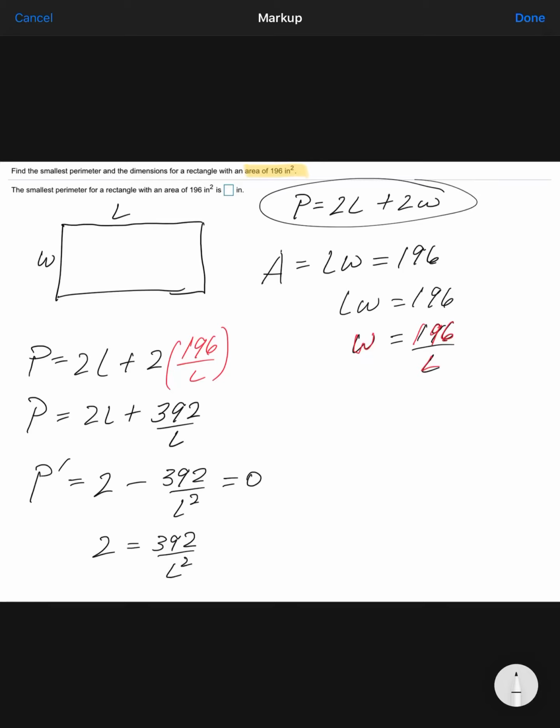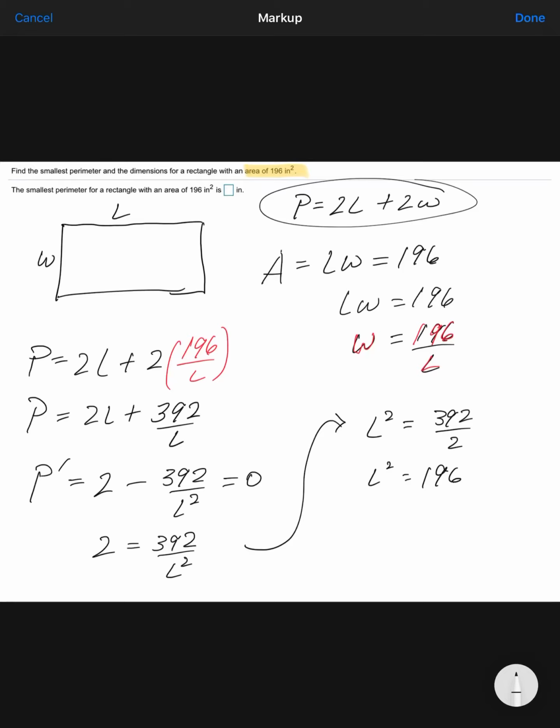I'm just trying to grab a calculator right quick, team. We have L squared is equal to 392 divided by 2. L squared is equal to 196.